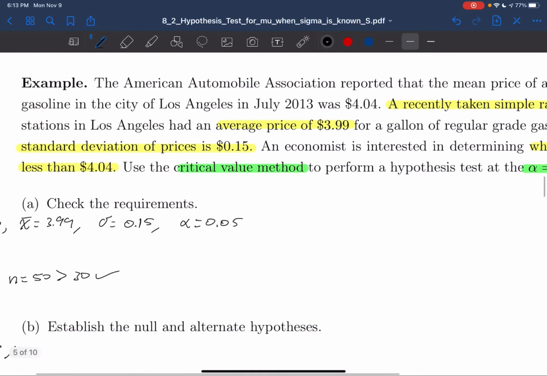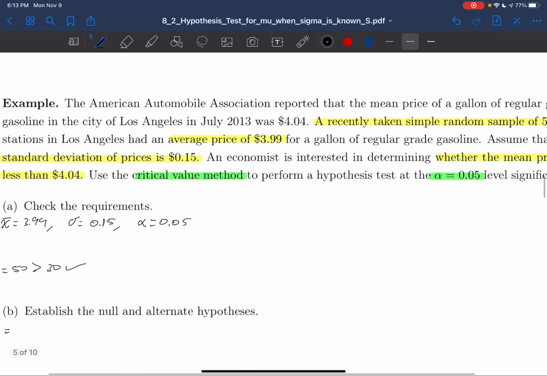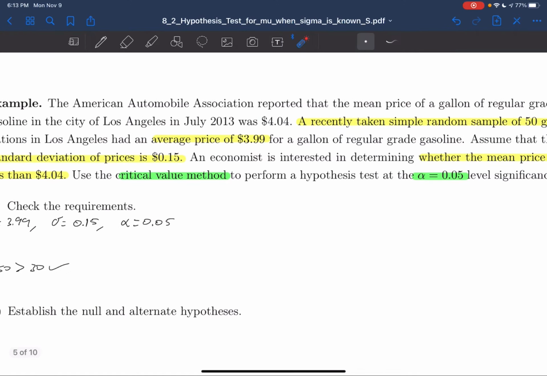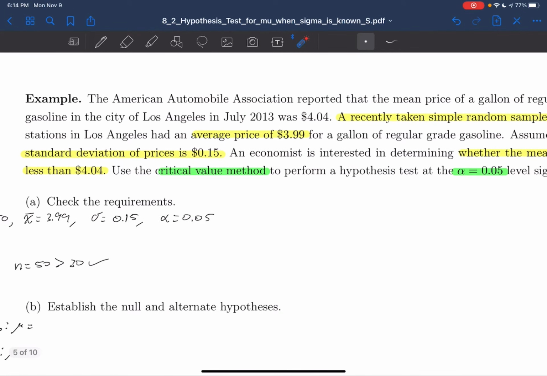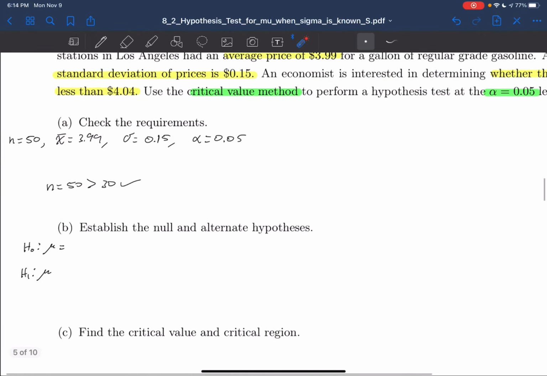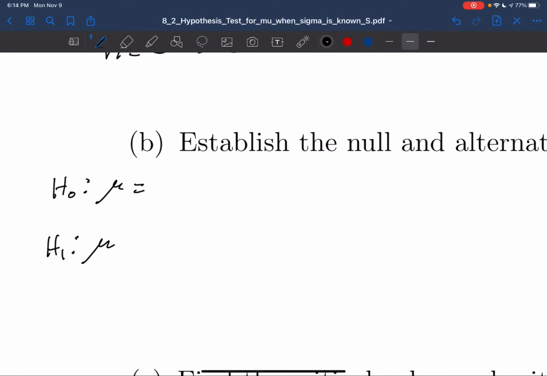Well, if you look back into the question, this economist is interested in determining whether the mean price is less than $4.04. So he's saying that the mean price of gasoline in LA is less than $4.04. So that means our null hypothesis is that it's going to be equal to $4.04.